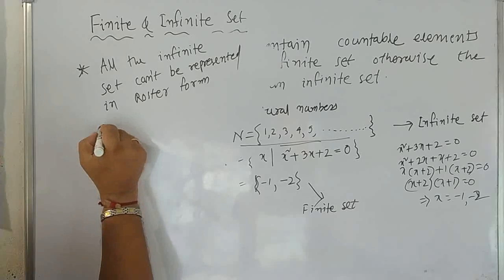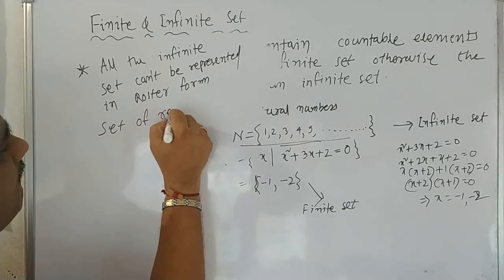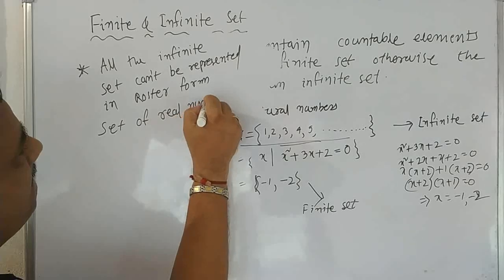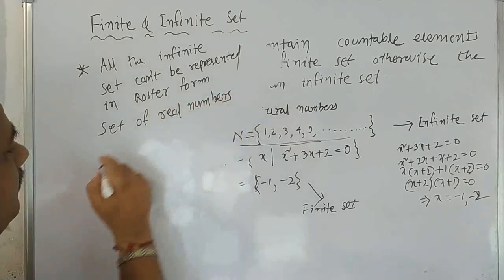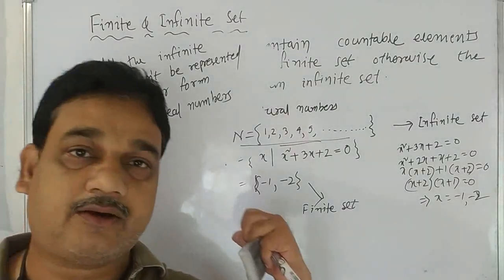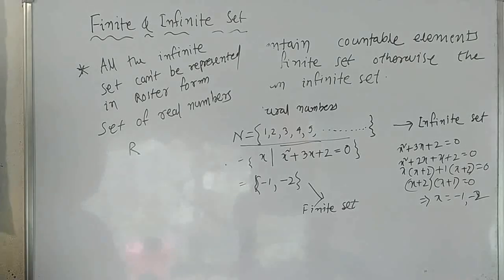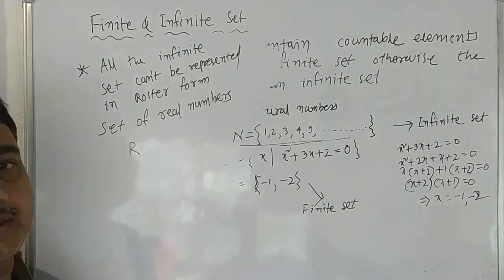For example, the set of real numbers, that is R. You cannot write R in roster form. Why? Because R means the set of rational and irrational numbers.